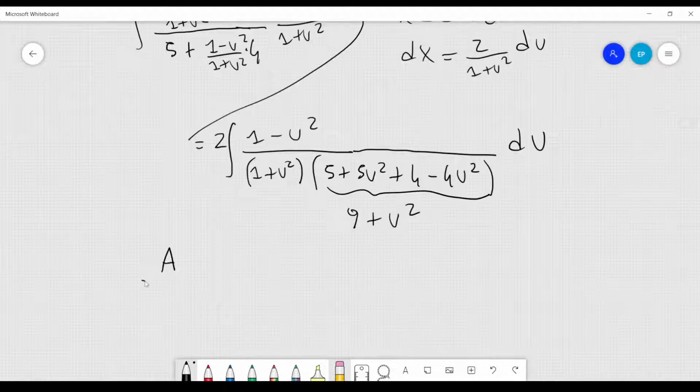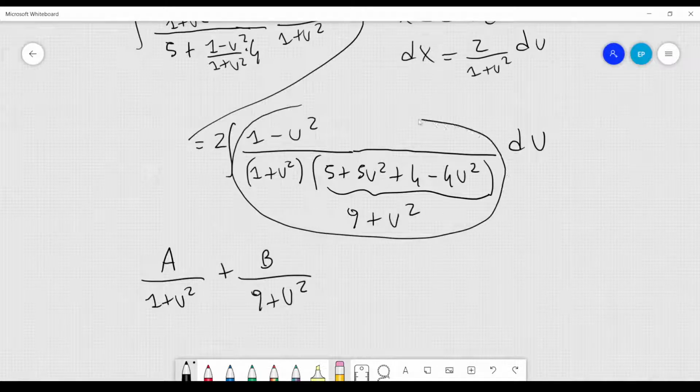So we have A over 1 plus u squared plus B over 9 plus u squared. I mean, all this integrand here, we can rewrite the integrand like this.